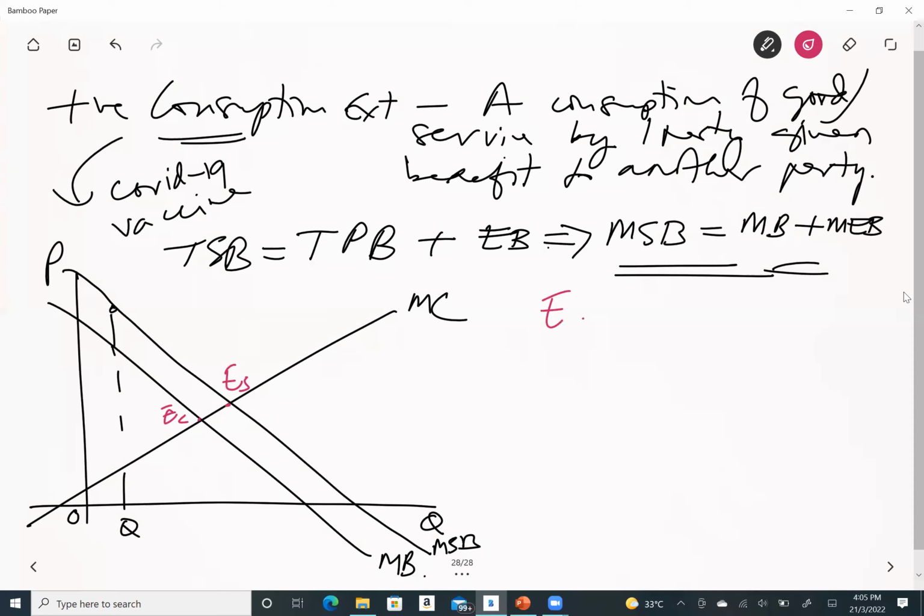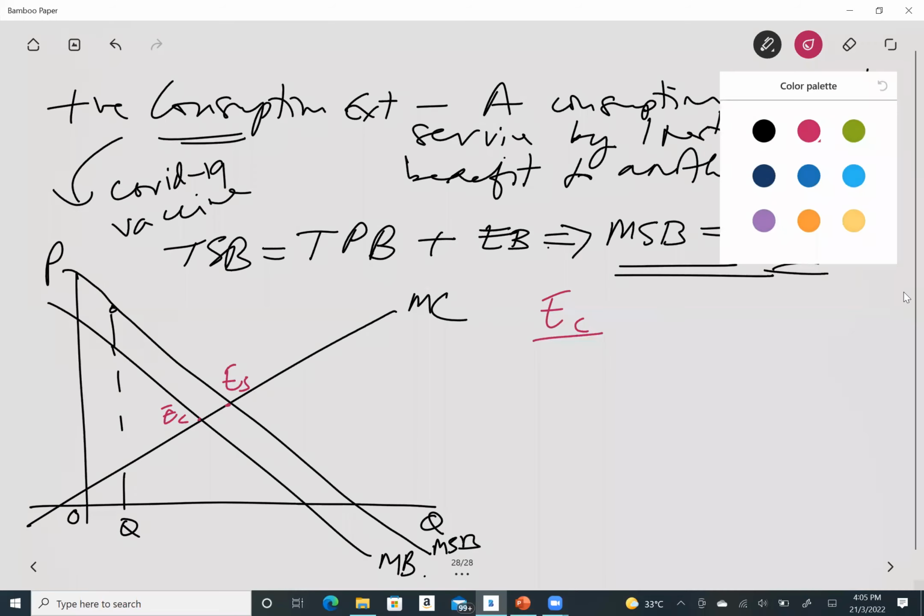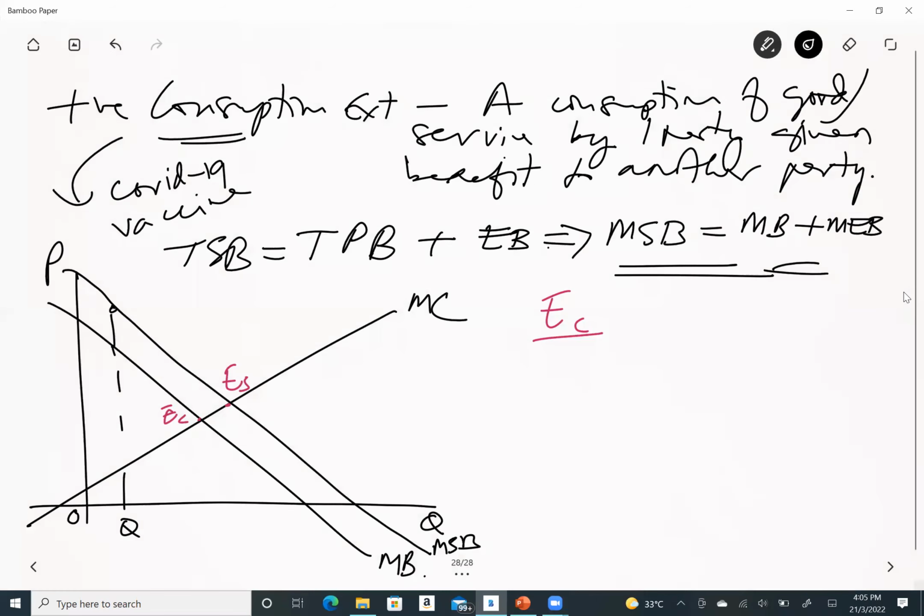So you look at the competitive equilibrium, Q equal to QC, and that is PC, that is QS, that's PS. So the equilibrium output level under the competitive market, you have Q equal to QC, P equal to PC.